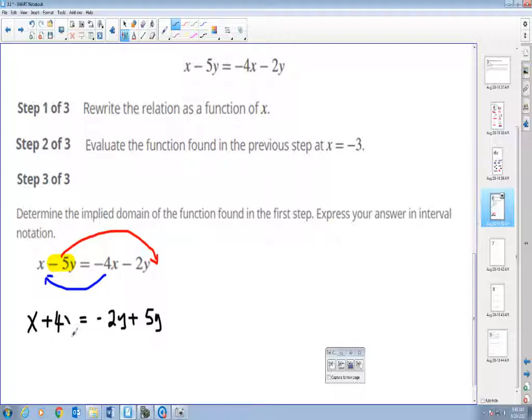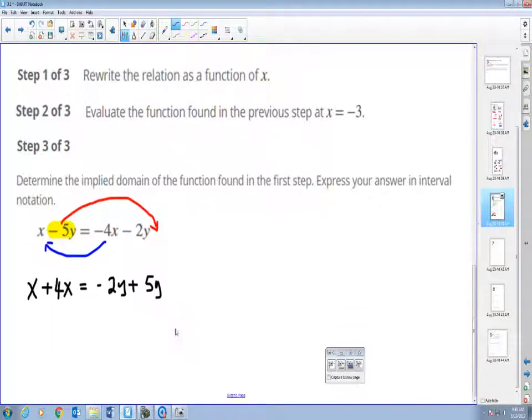So what I want to do is get y by itself. I need to solve for y because y becomes f of x. So I'm going to combine like terms. Negative 2y plus 5y is 3y. X plus 4x is 5x.